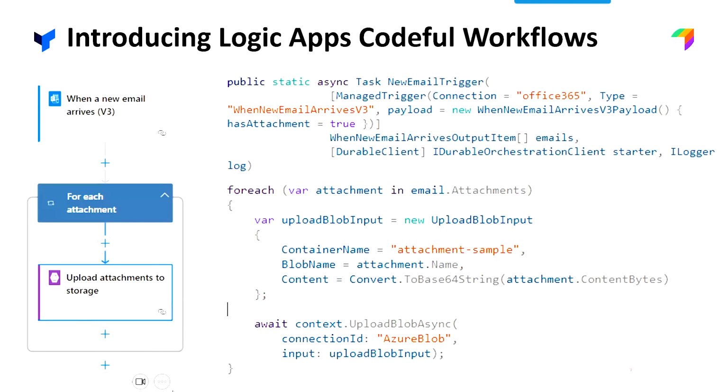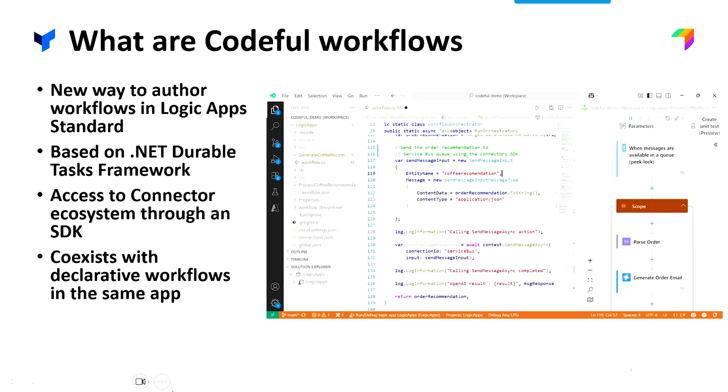Finally, custom code workflows. So what is custom code workflows from our point of view, right? It's a new way to author workflows in Logic Apps Standard. It's not a different Logic Apps Standard SKU or a different type of workflow. It's a new way to author that. It's still a Logic Apps workflow. It's based on .NET and the Durable Task Framework, and it's using C# as the programming language.